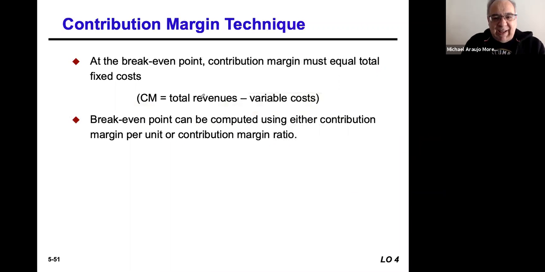So at the break-even point, in essence, whatever the contribution margin is, it's going to be equal to the fixed costs. That's how we get to 0. And remember, contribution margin is your total revenue minus your variable costs. So if your contribution margin equals your fixed costs, your income will be 0. That's basically the formula.